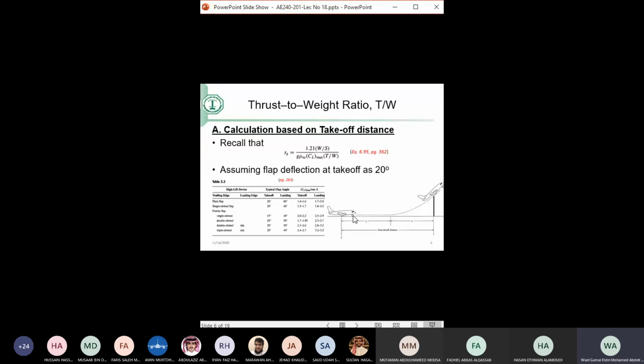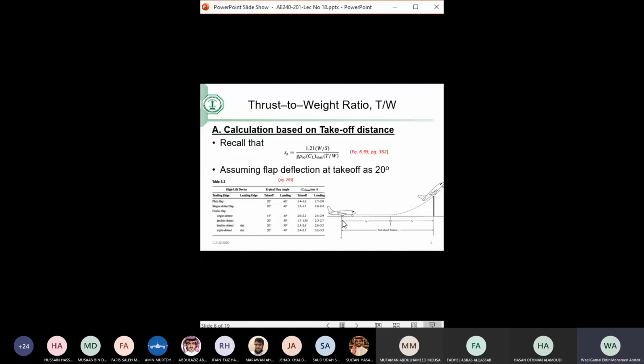But for the ground roll distance, we had an equation from chapter 6, which has wing loading, CL, density, T over W. So remember, in here I should know the left-hand side and I need to get the thrust-weight ratio or the power, the thrust or the power, and we can find one if we know the other.